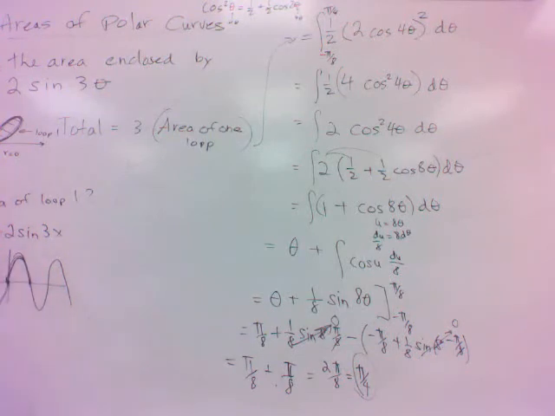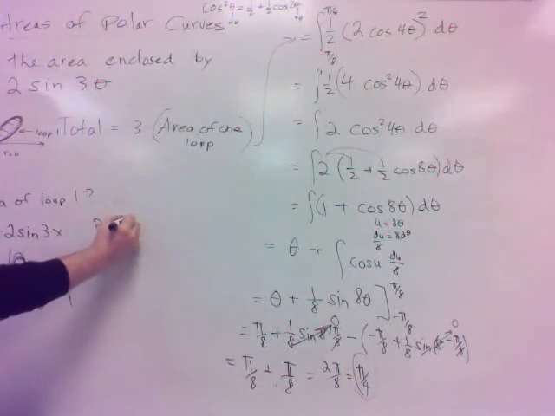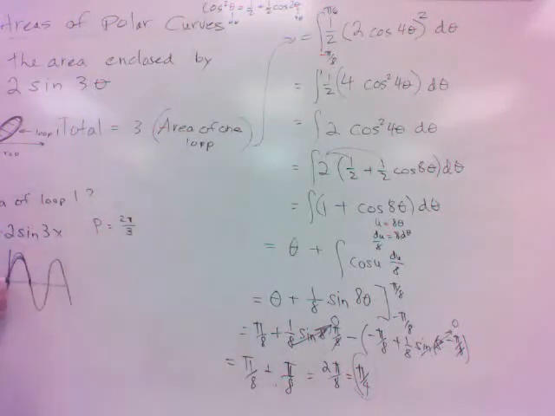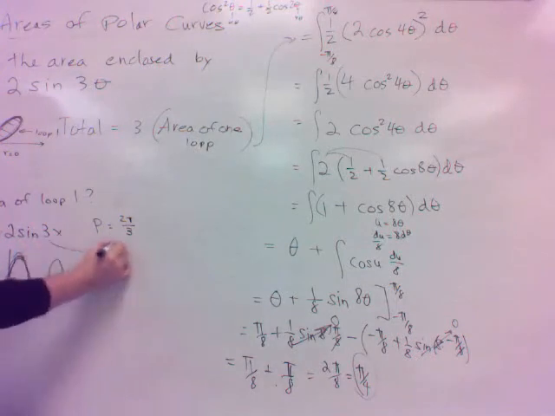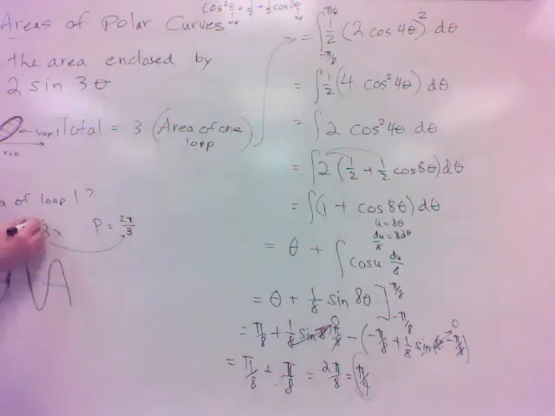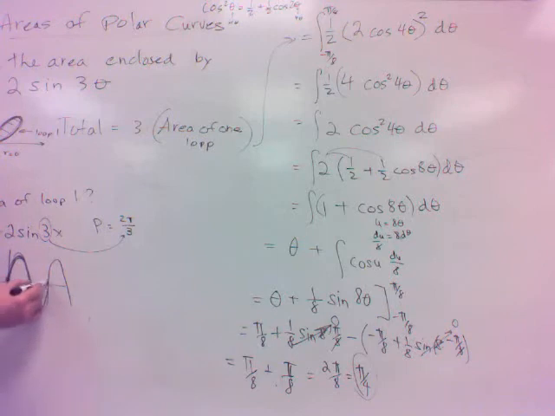So I can figure out what those are. That tells me, in this case, the period is 2 pi over 3. Take 2 pi and divide it by whatever that is. So I've got 2 pi divided by 3, so one period would be there. So what would this be?